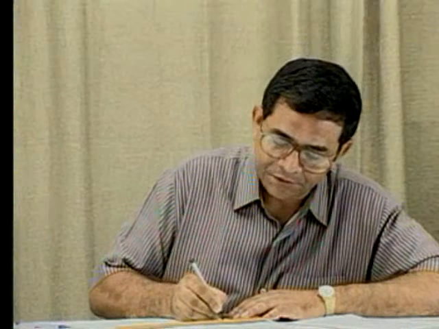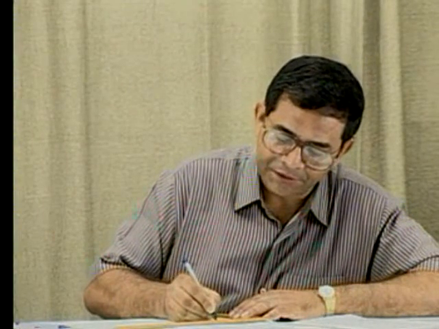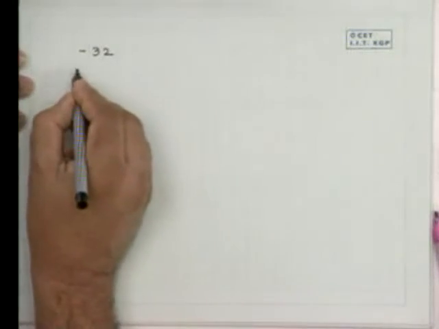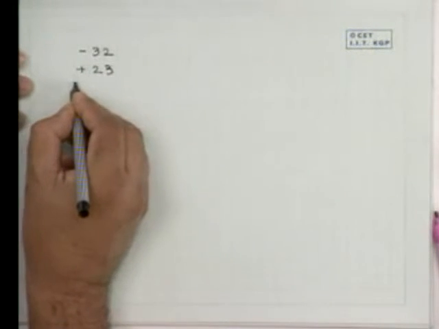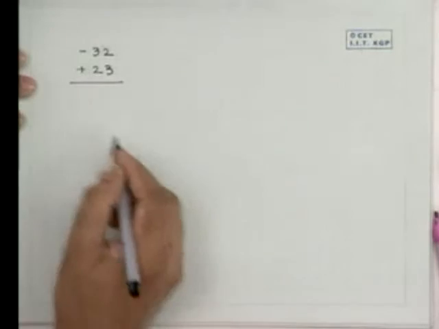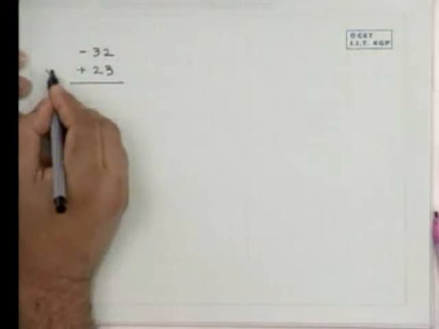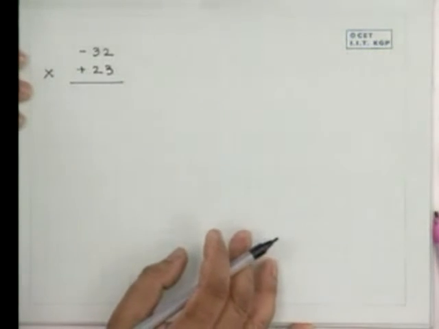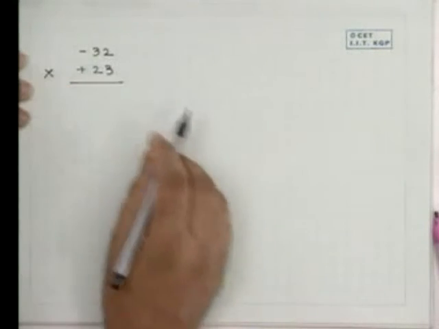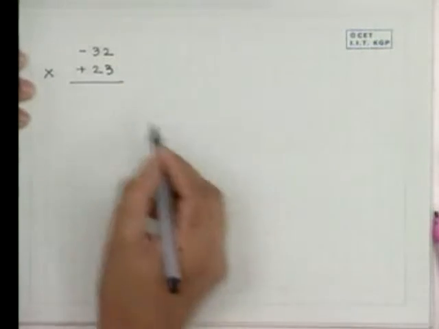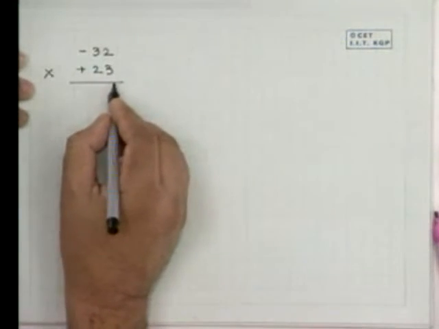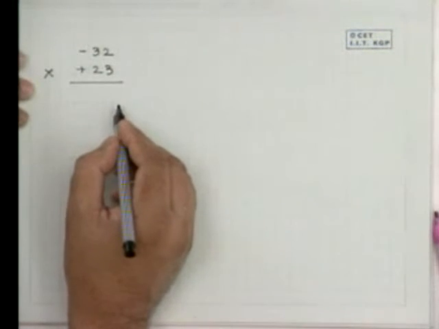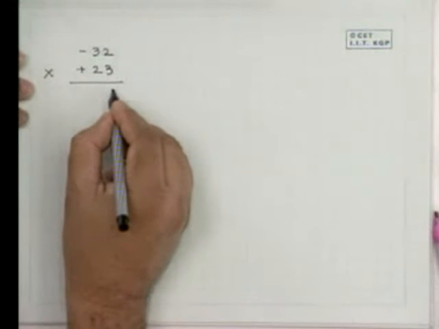Say we have a number which is minus 32, and we want to multiply it by plus 23. The operation that we want to do is multiplication. Then let us see the way we go. We first take this. It's the basic paper and pencil method that we employ here.